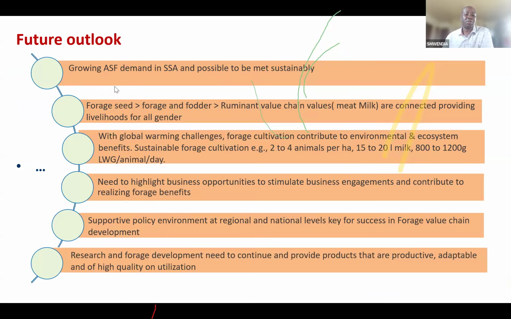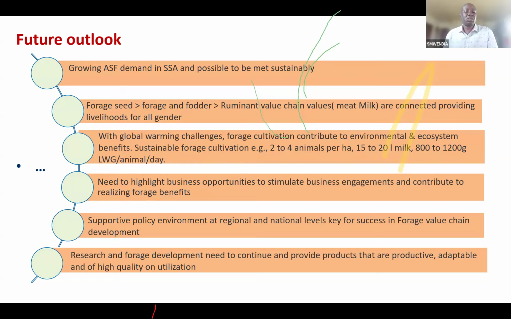And of course, forage seed, forage and fodder, and ruminant value chains, whether it's meat or milk, are connected. And in the process, they also provide livelihoods for quite a number of households, including all genders. And as global warming challenges take effect, forage cultivation contributes to environmental and ecosystem benefits because these forages can reduce soil erosion and can sequester carbon.